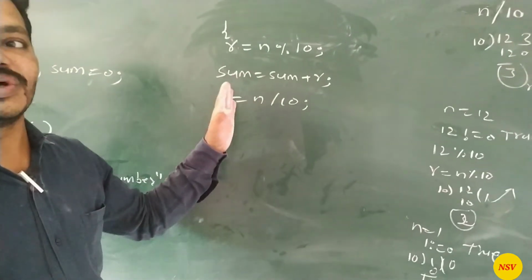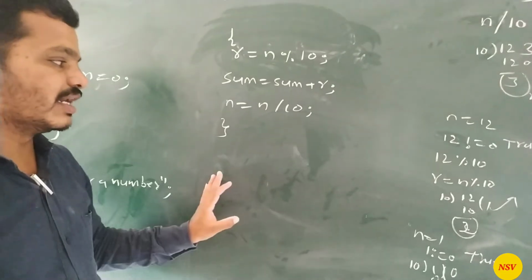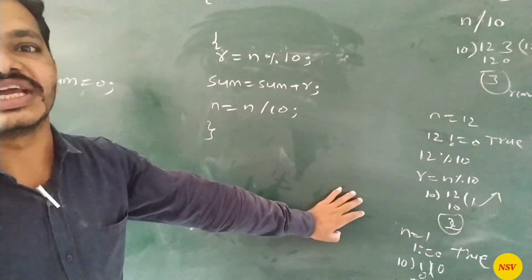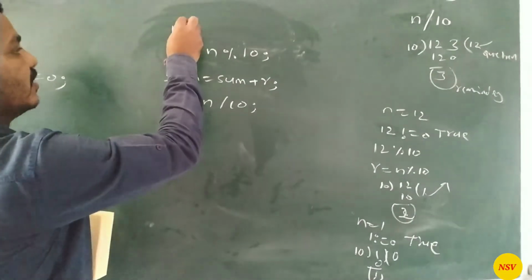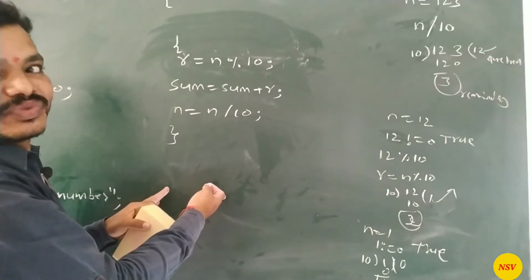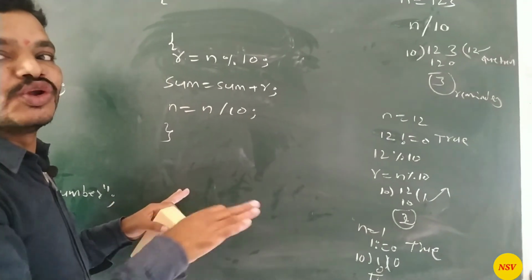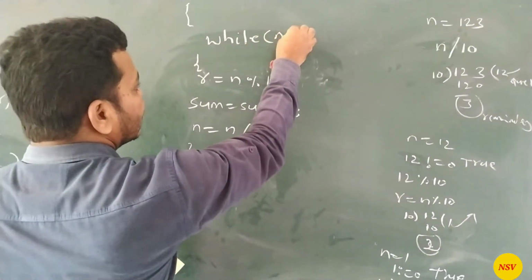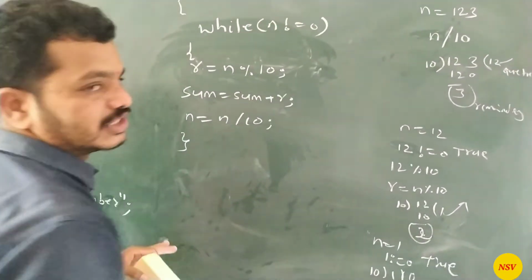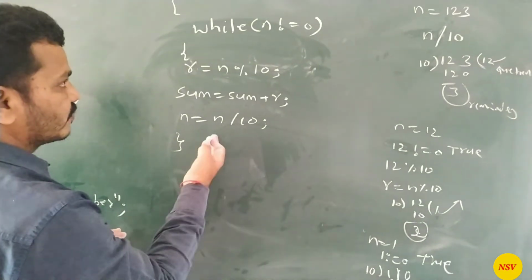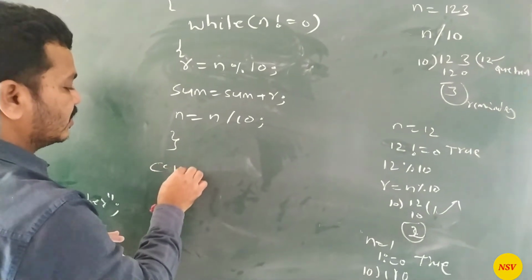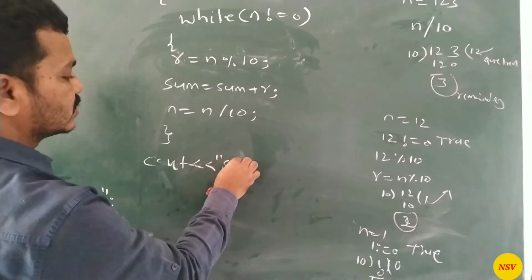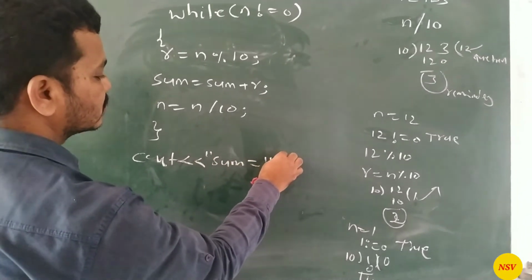Then control terminates from that loop, and finally it gives the sum of digits of the given number. Since we need to repeat these steps, we applied one looping control structure, that is while n is not equal to 0. So next, of course, finally we get the value with cout sum.